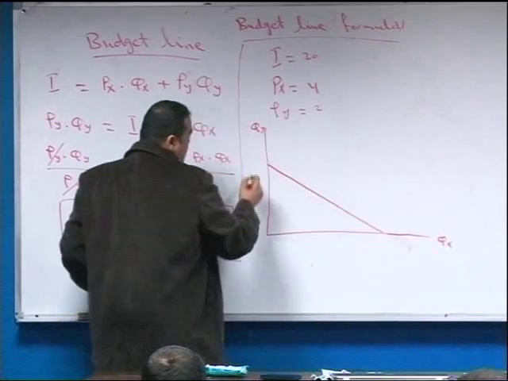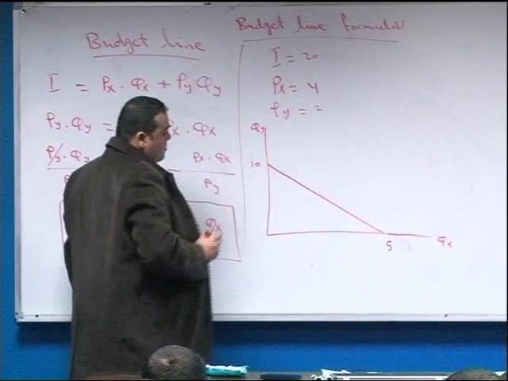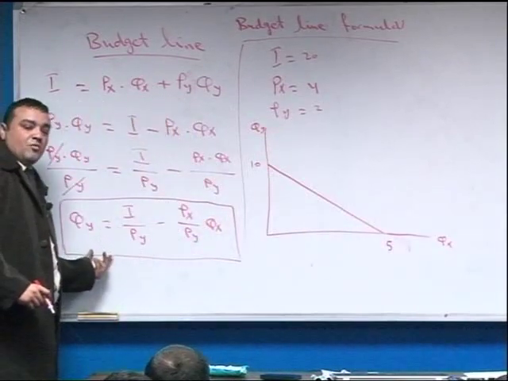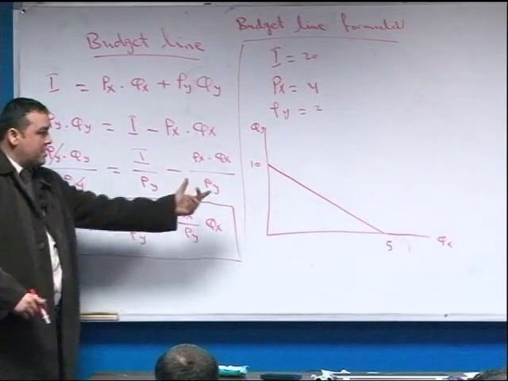QX, this was 10, 5. Let us derive the quantity of Y, or the budget line in this case.